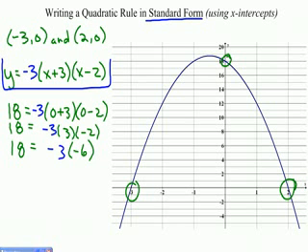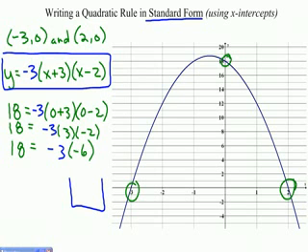This is in factored form, so what you'd want to do is do a generic rectangle and turn that into standard form. I think we'll do that quickly here. I'm going to multiply my two binomials, x plus 3, x minus 2.